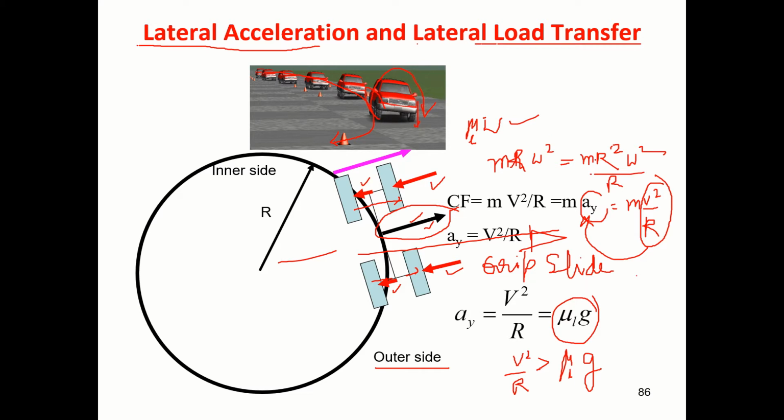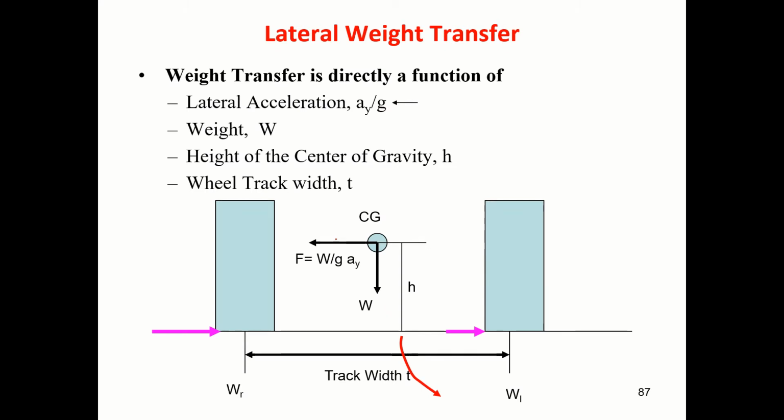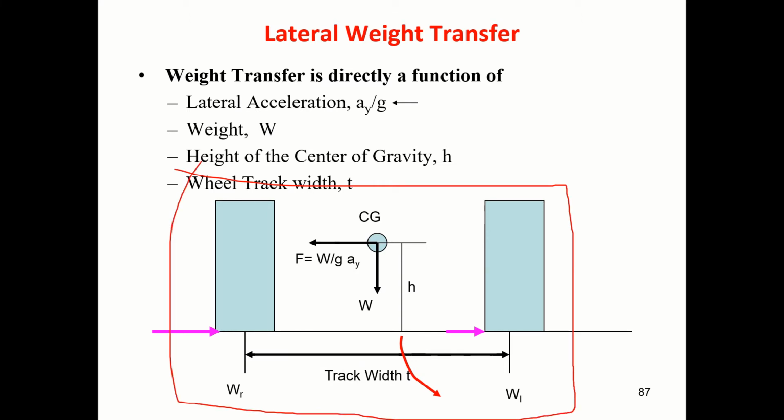Now you have to understand that with lateral acceleration, there is a lateral load transfer. So how much load gets transferred? For that, I have taken the front view of the vehicle. Here you have the center of gravity. It is at a height h. W is the load that is acting.